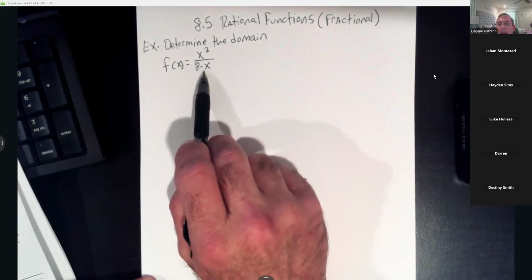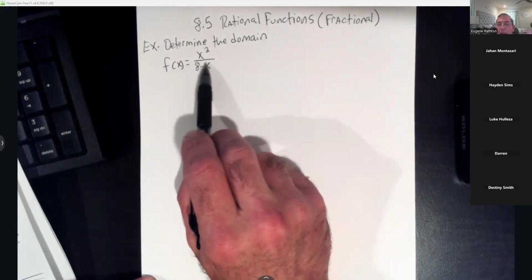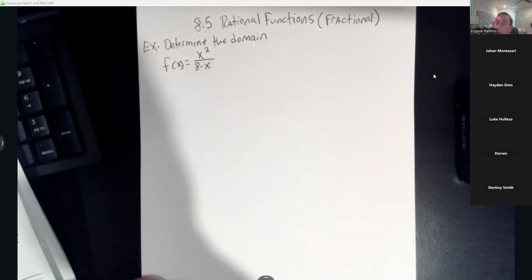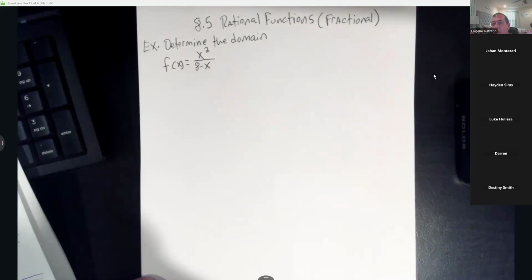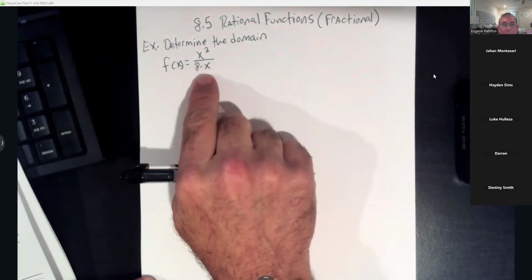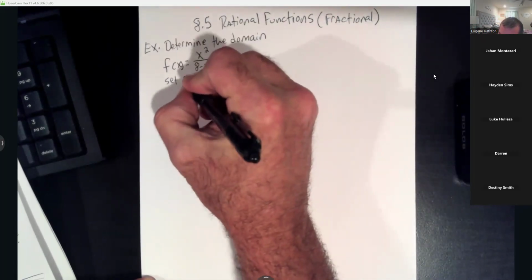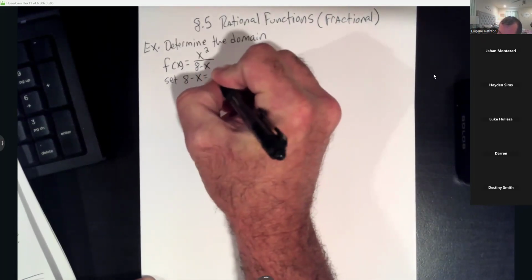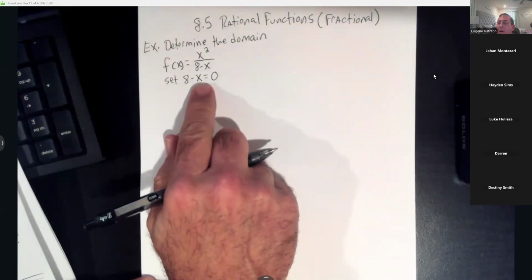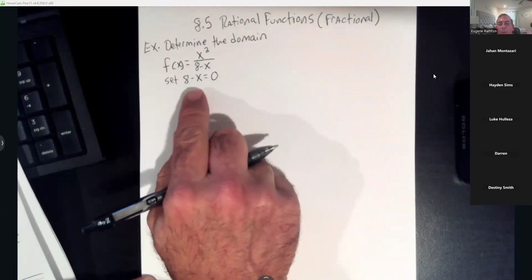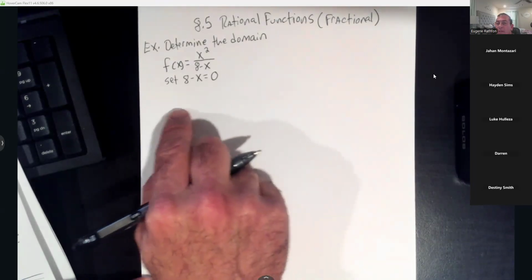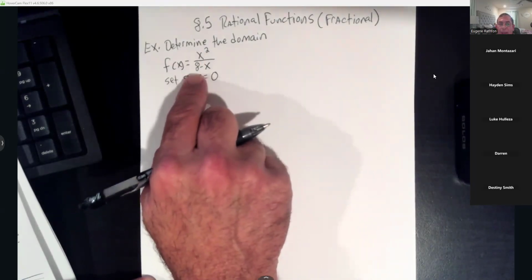So remember, when we find a domain on a fraction was one of the things we were worried about. And we knew that the bottom of a fraction cannot equal zero. So we came in and actually set that bottom equal to zero and solved this for the variable. Once we get our answer, we're going to exclude it from our domain, okay?